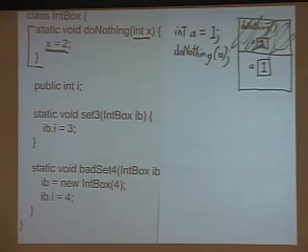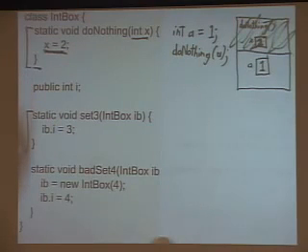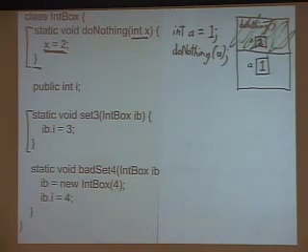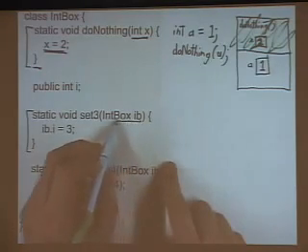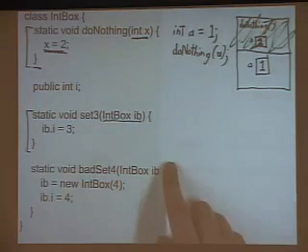So what if you want to be able to make a change in a method that you call and have that change appear so that the calling methods can see the change? This is an example of how to do that. This next method called set3. So here's the thing. In this case, the parameter is not an int. The parameter is a reference.